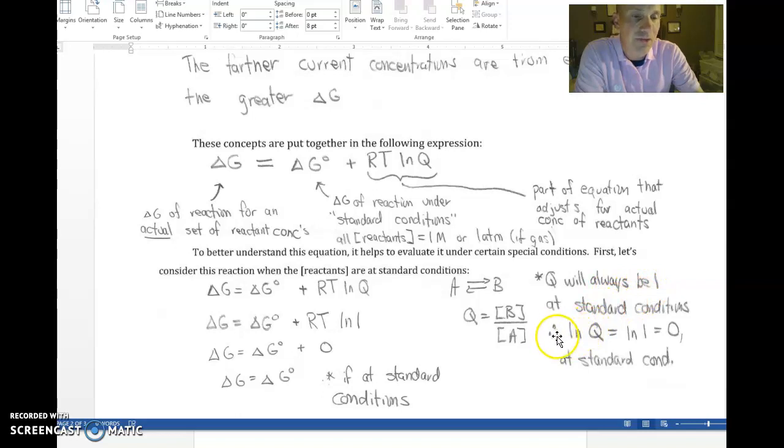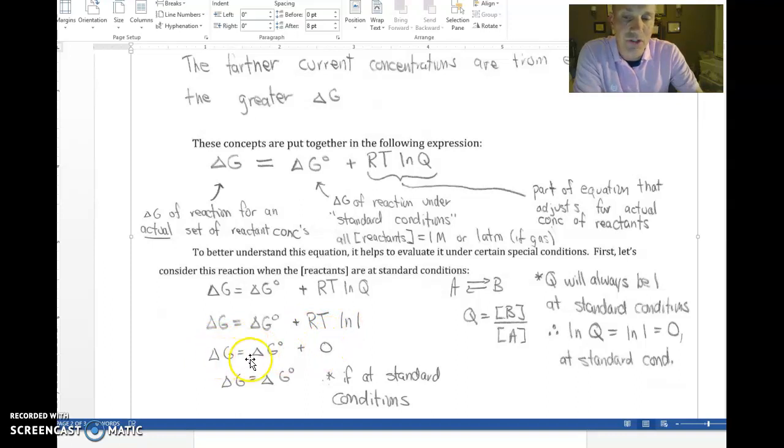Therefore the ln of Q is going to be the ln of 1, and the ln of 1 is 0. So this part of the expression becomes 0, and delta G is essentially going to be delta G at standard conditions.